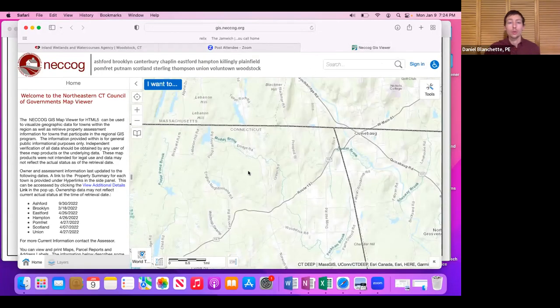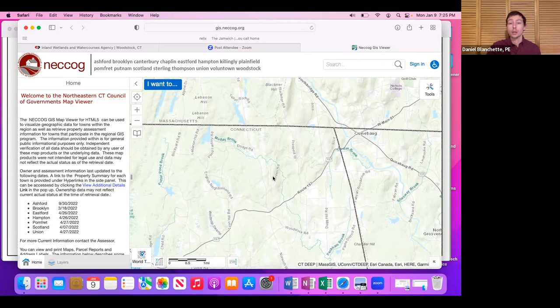So again, my name is Daniel Blanchett. I'm here tonight on behalf of the applicant, Jarrett Thomas. Jarrett Thomas's wife's parents own the property known as 171 Green Road. Here's Green Road, just north of 197.